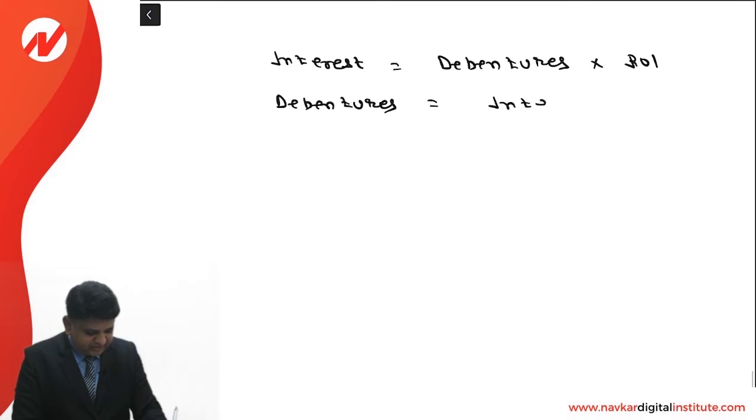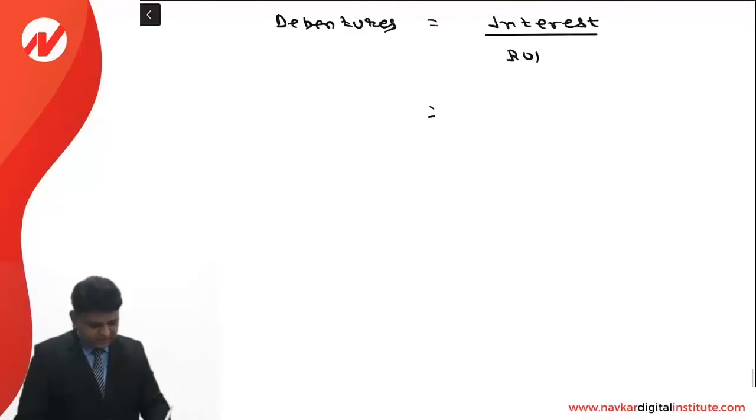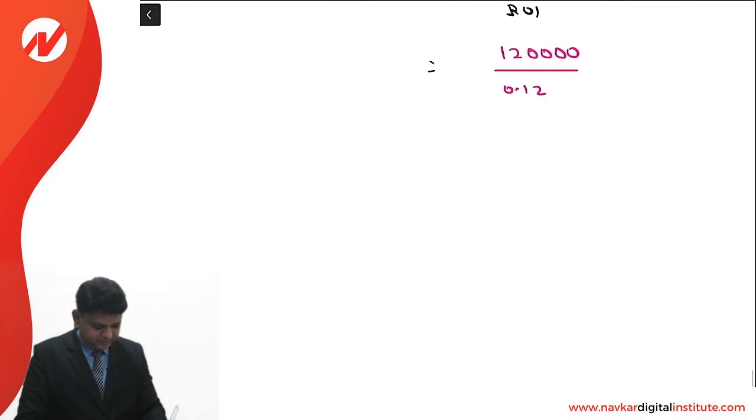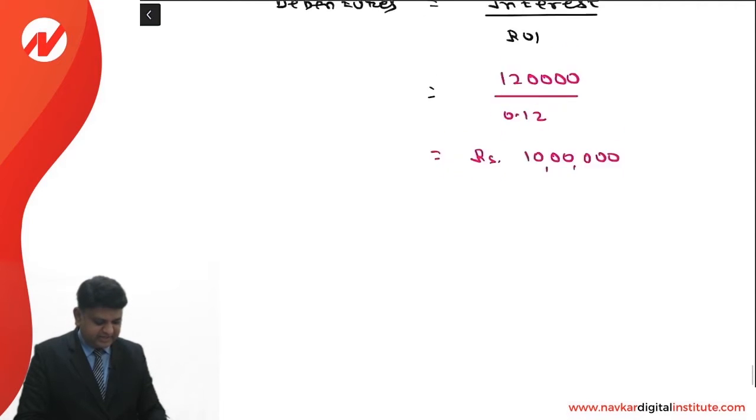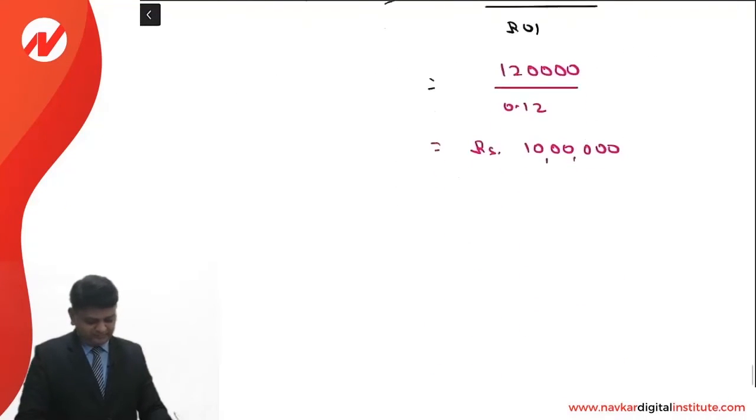Debentures is equal to interest divided by rate of interest. What is the amount of interest? 1,20,000 divided by 0.12. That is an amount of 10 lakhs. First of all, we compute the debentures value.